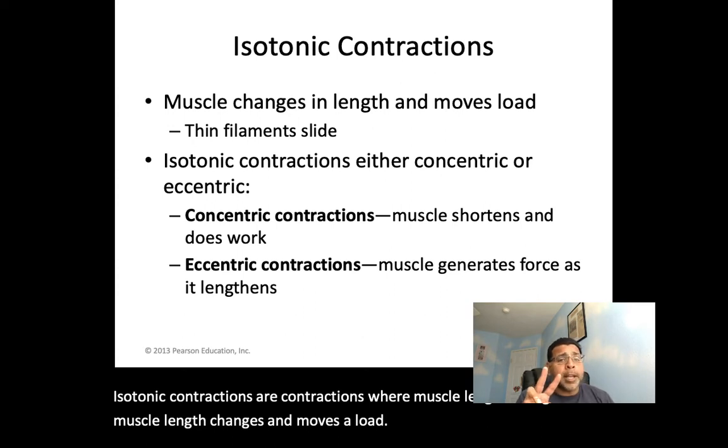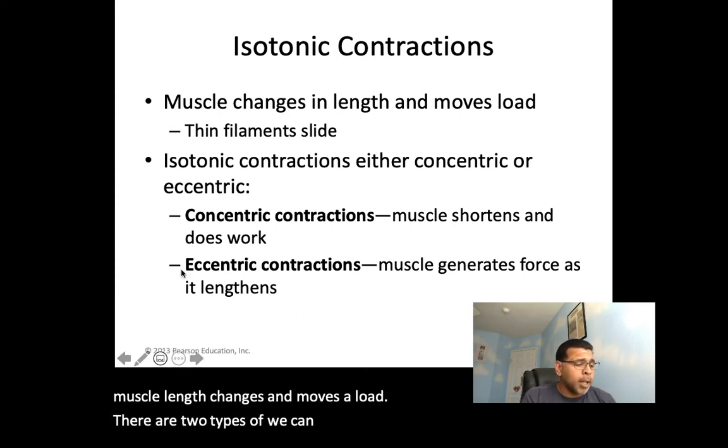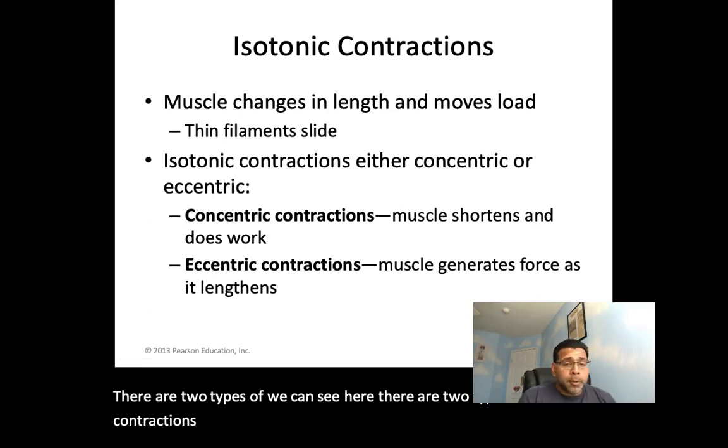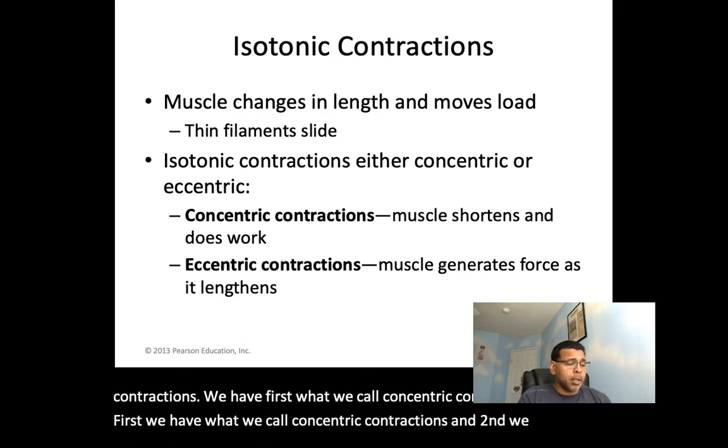There are two types of isotonic contractions. First we have what we call concentric contractions, and second we have eccentric contractions.